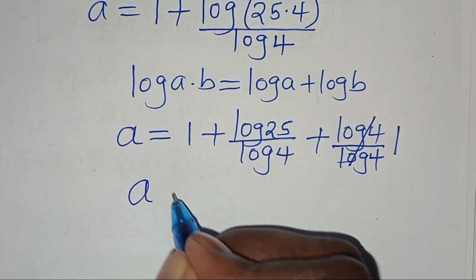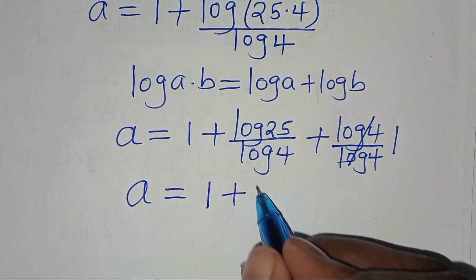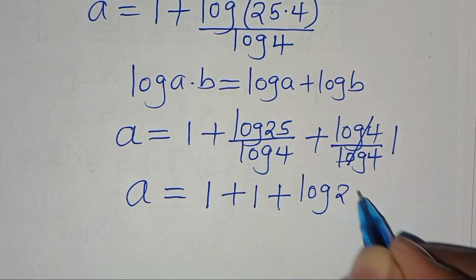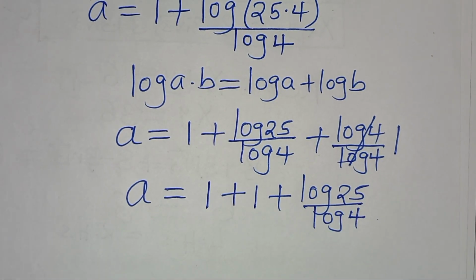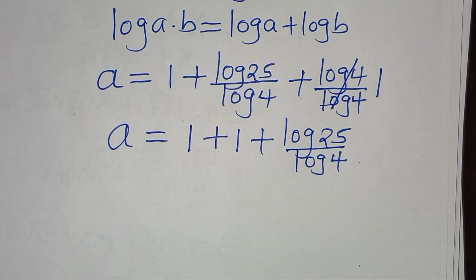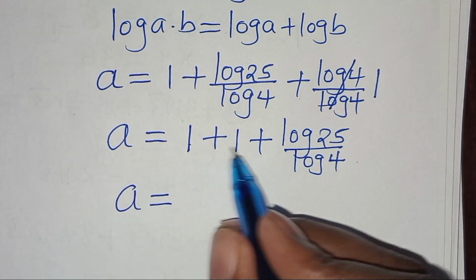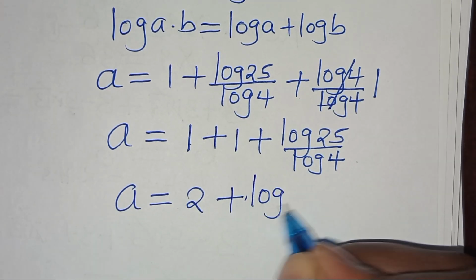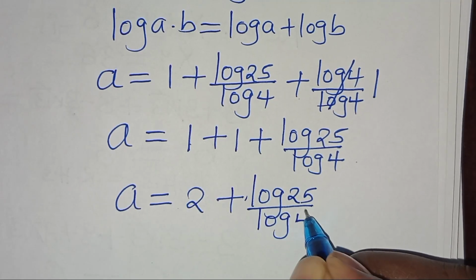So we have that a is equal to 1 plus 1, plus log 25 divided by log 4. So a is equal to 1 plus 1, this is 2, plus log 25 over log 4.